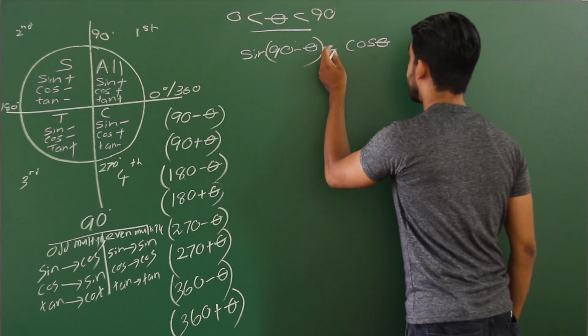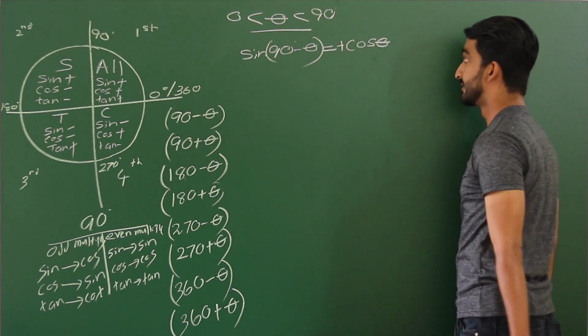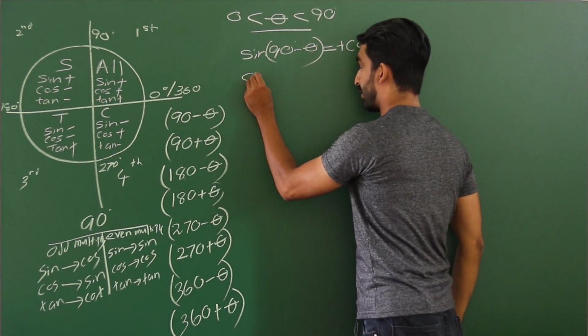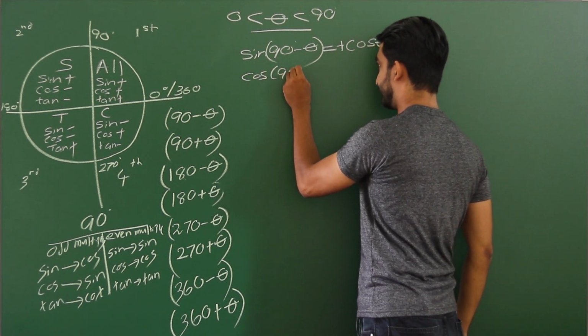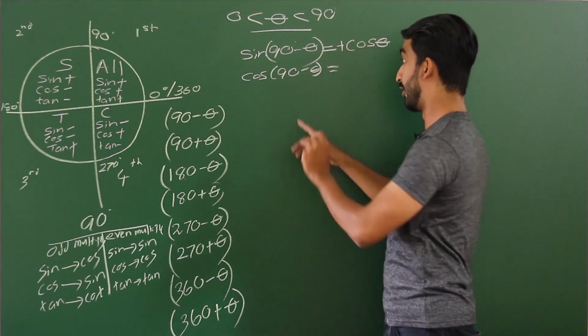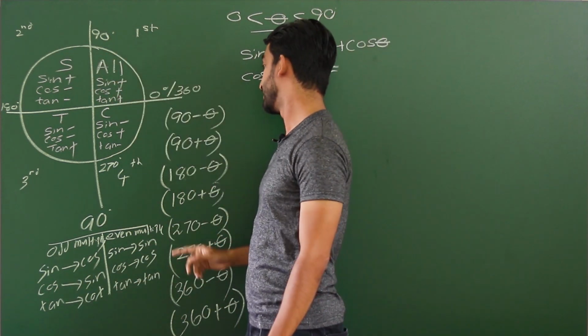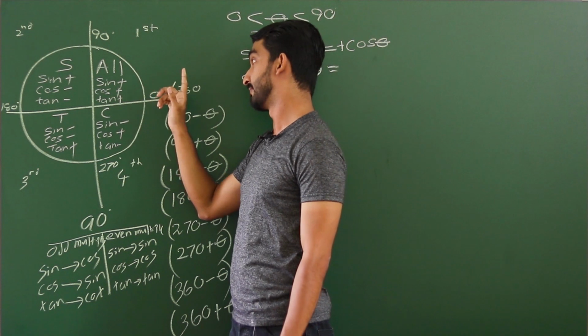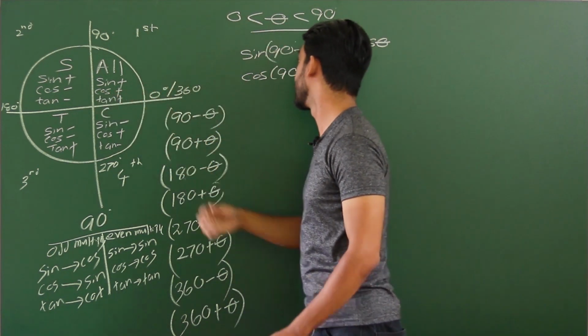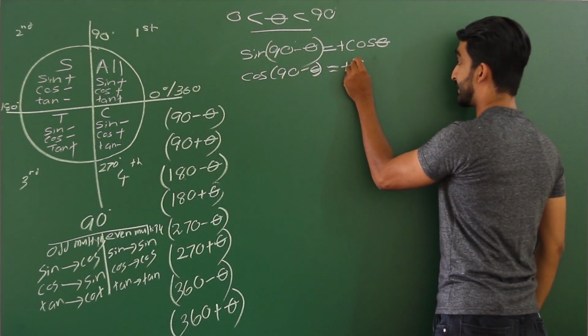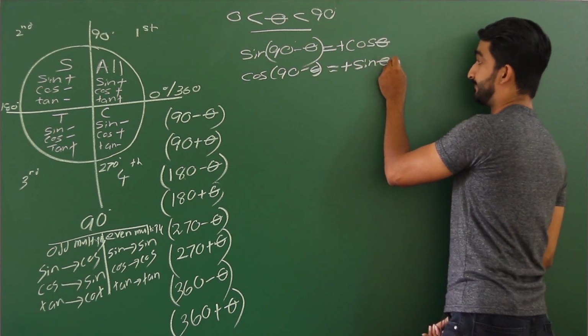So sine 90 minus theta will be plus cos theta. Cos 90 minus theta: with odd multiples of 90, cos will change to sine, and it is the first quadrant, 90 minus theta, so it's positive, so this is plus sine theta.